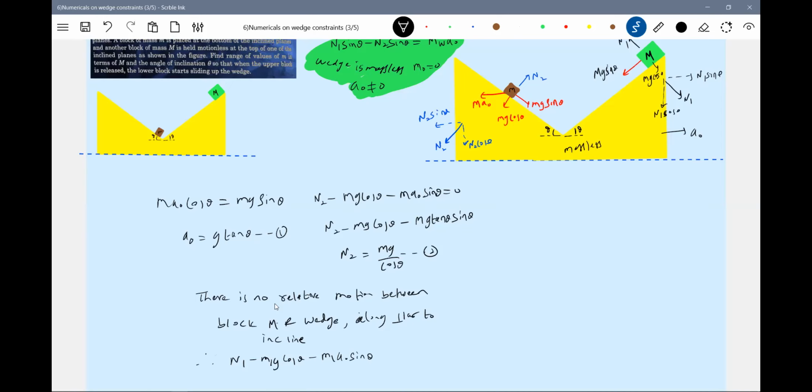You should know how to justify this. Is it N1 minus M1 A naught sin theta or plus M1 A naught sin theta? I think writing it one way will be wrong. If I write it this way, it will be correct.